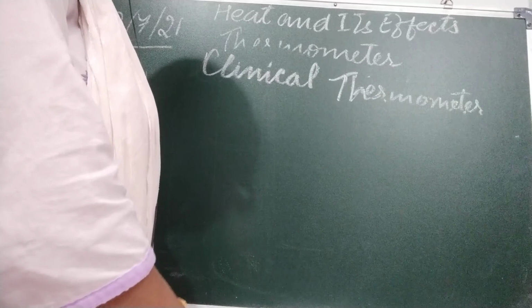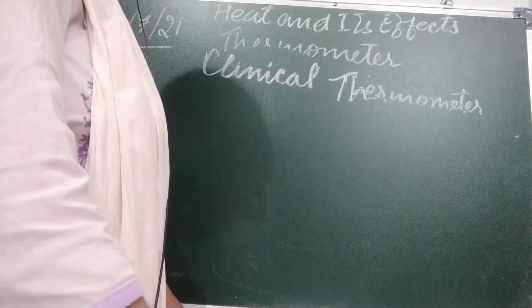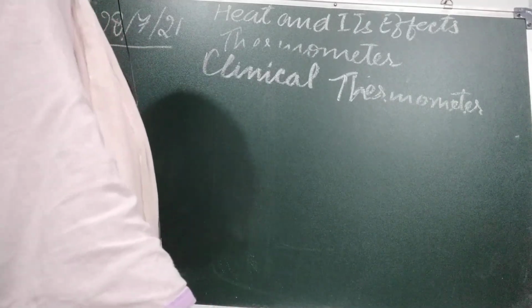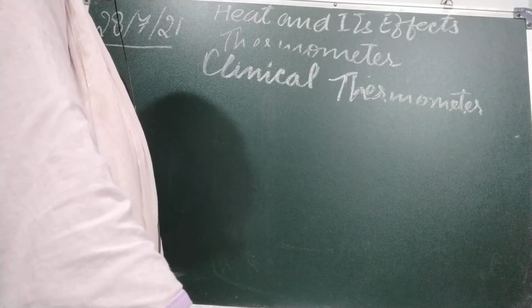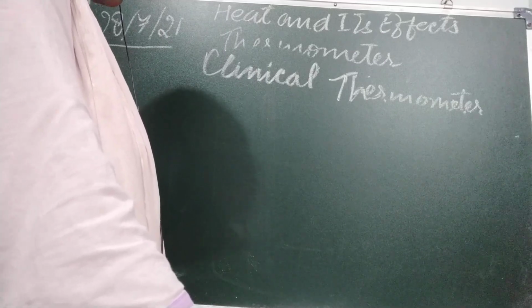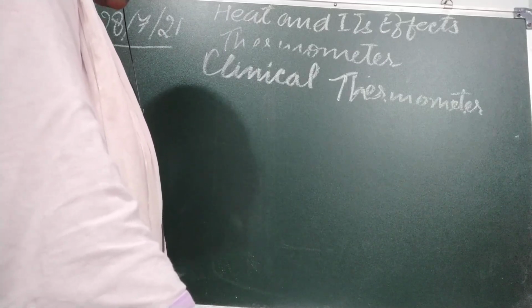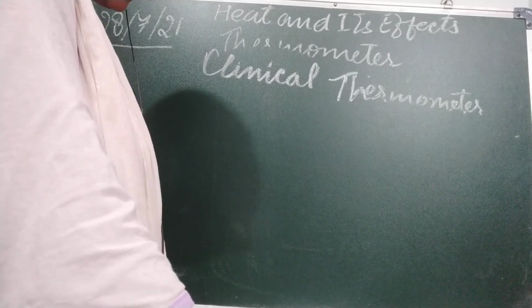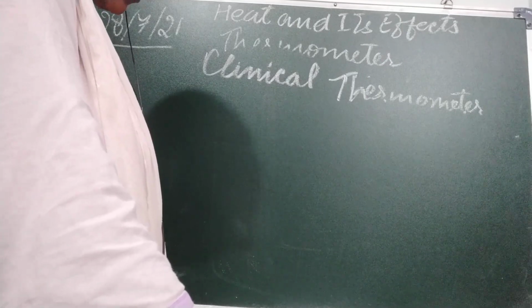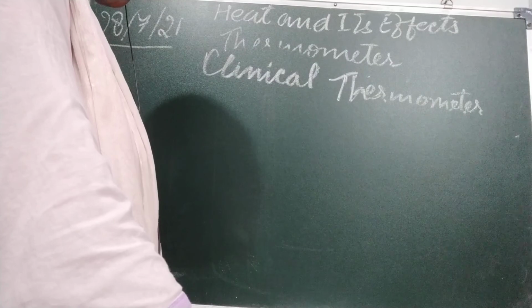As it has the name, it is used in clinics or by a doctor. To check the body temperature, a thermometer is placed in our mouth or in our armpit. The temperature recorded in a laboratory thermometer will fall as soon as it is taken out of your mouth.